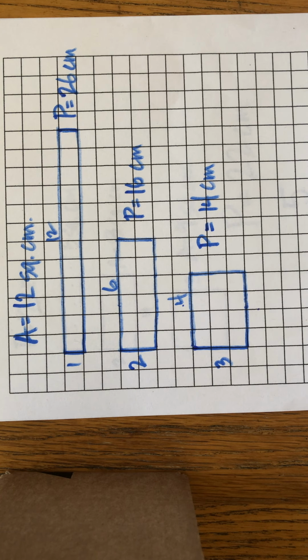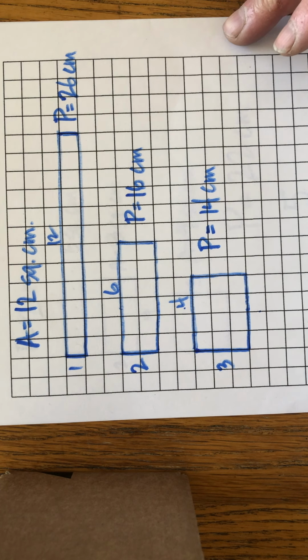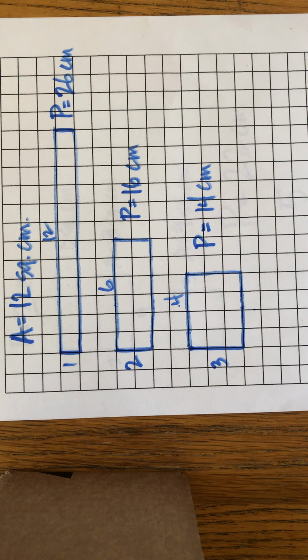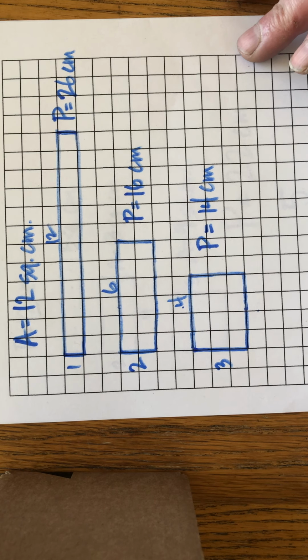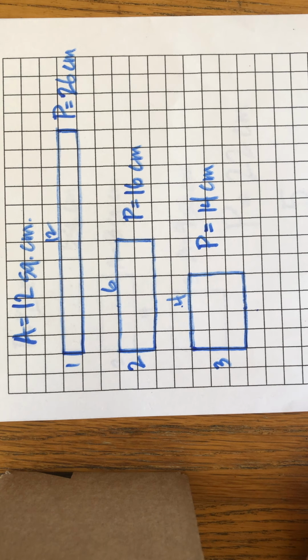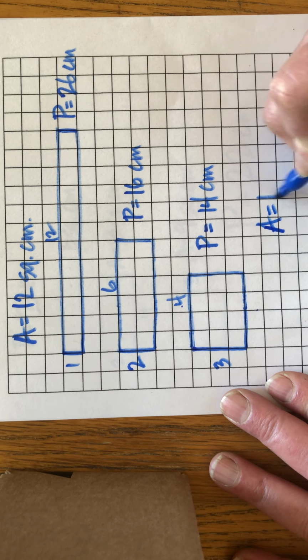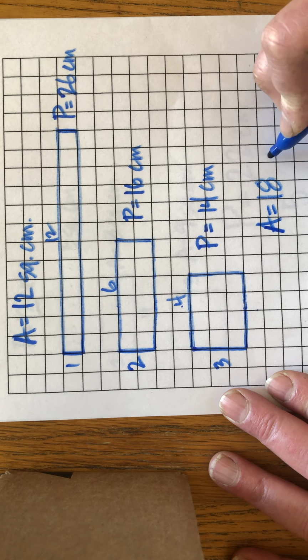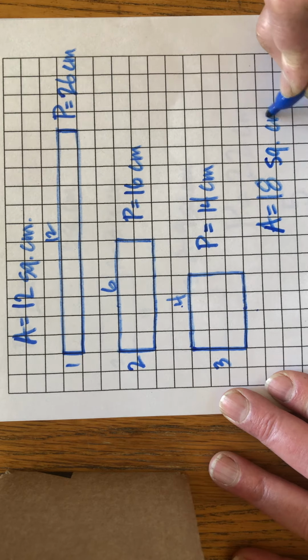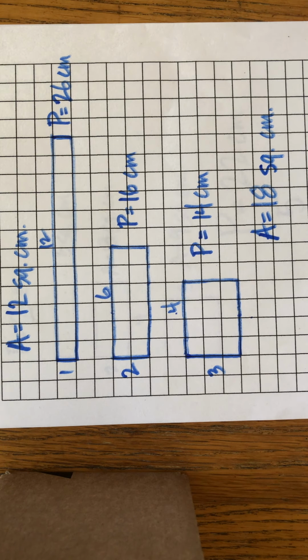So just like with the previous exercise, what I would like you to do, if you can, is print another piece of grid paper, and you are going to make as many shapes as you can that have an area of 18 square centimeters.